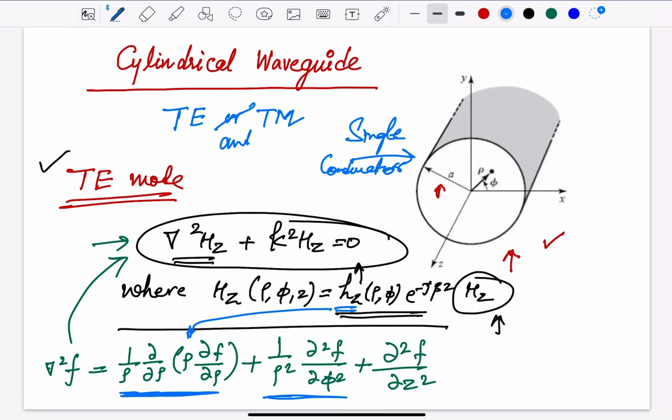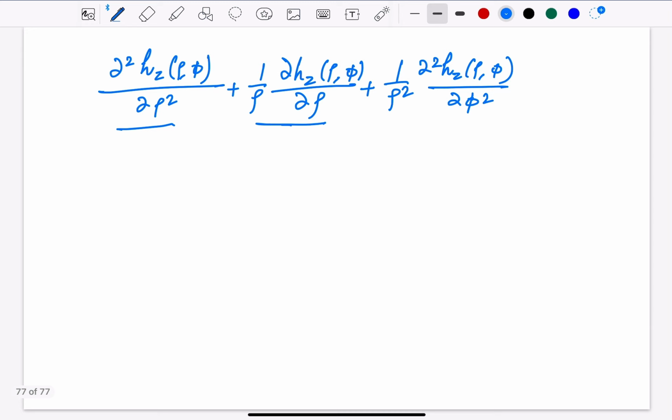Here we are supposed to recall hz, the complete thing. The moment you recall these things, you will find that it is going to differentiate with respect to z.